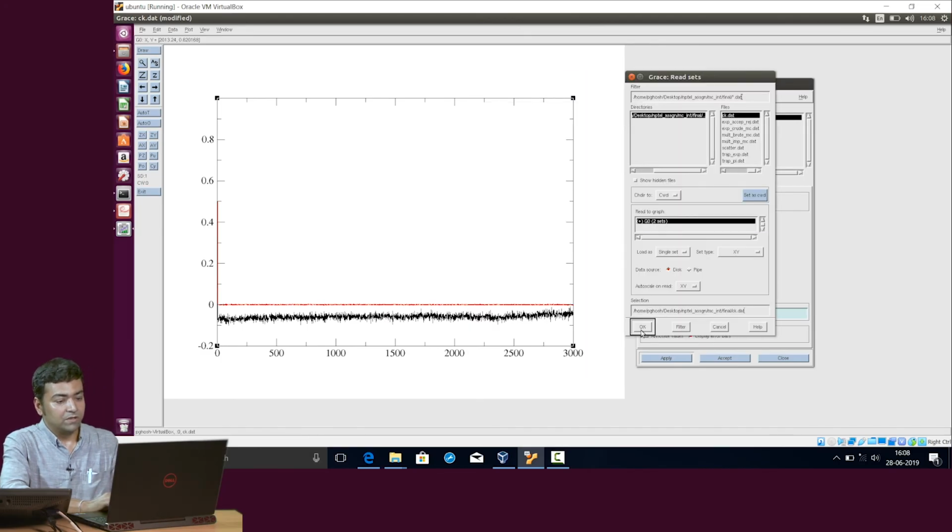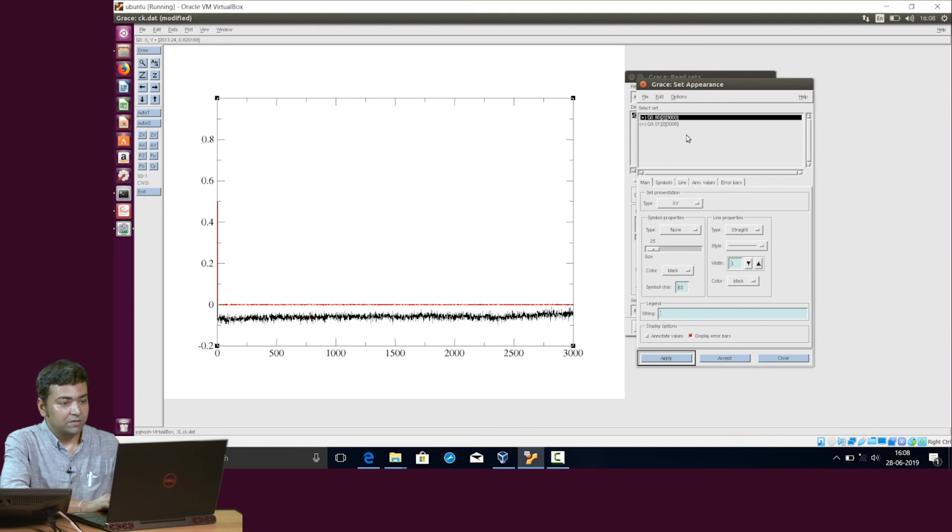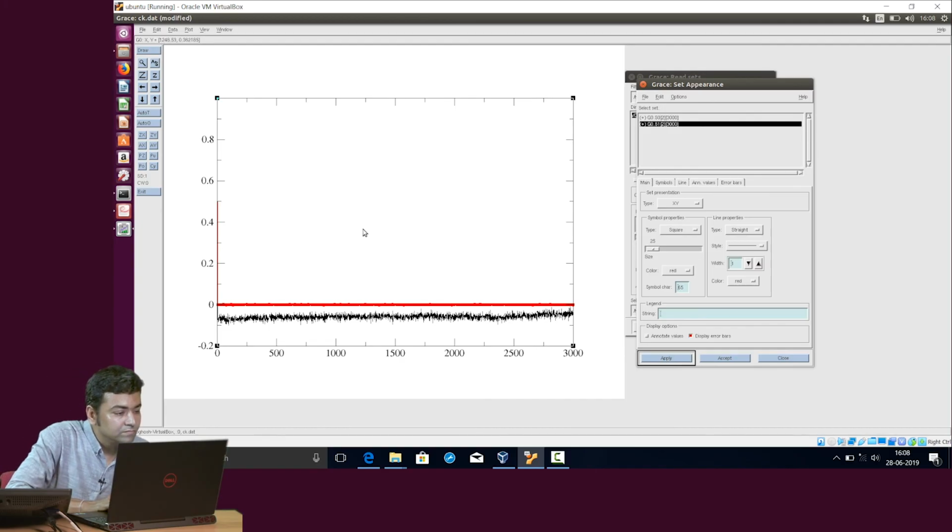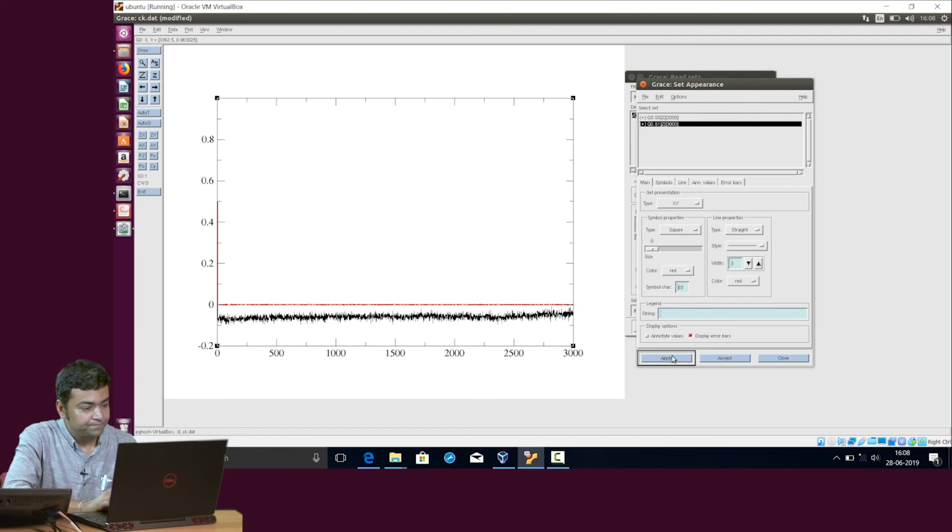Okay. So, the two things to notice here. Ideally, if the numbers are completely random, you expect the correlation to be 0.